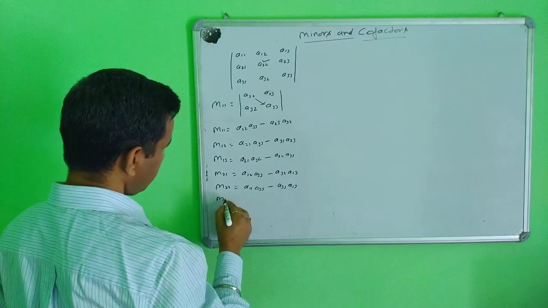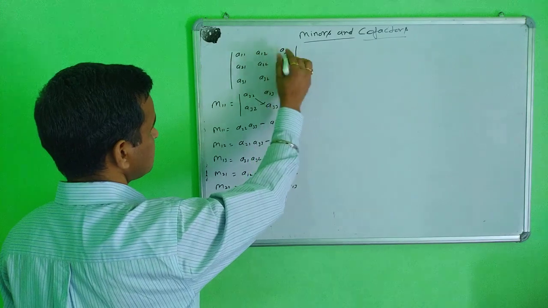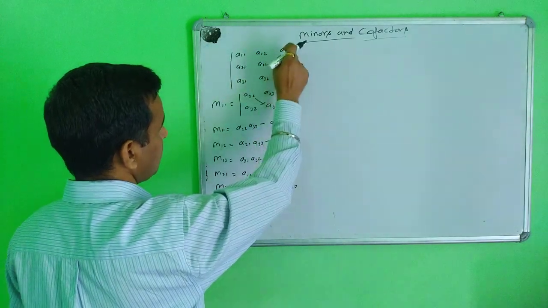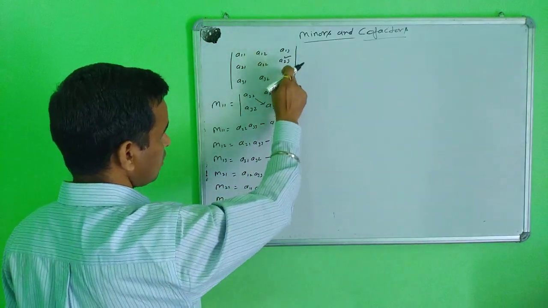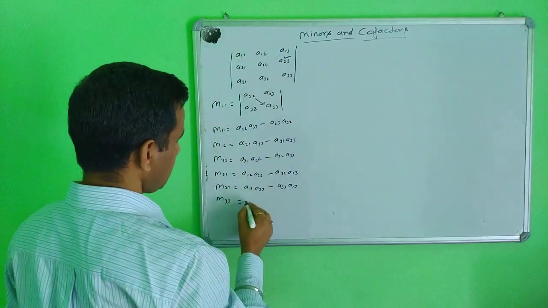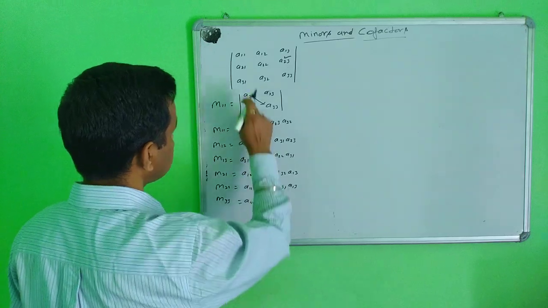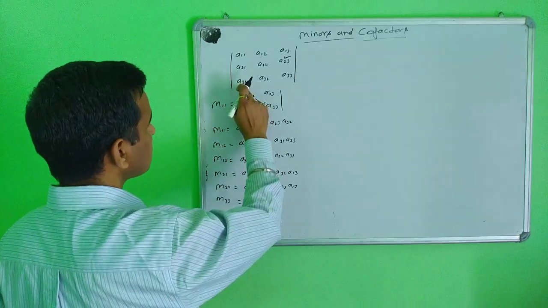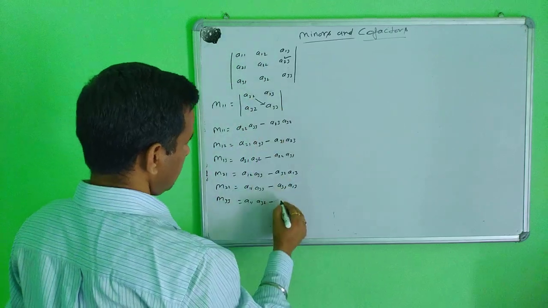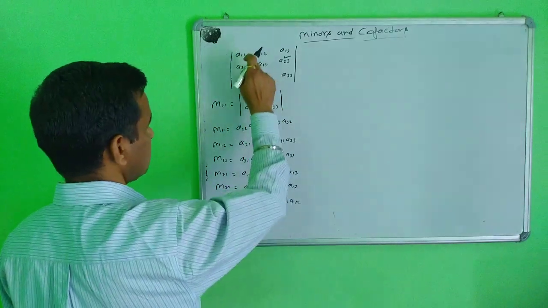Similarly, M23 means this element, so this second row and third column will be hidden here. What is left is A11, A32 minus A31, A12.